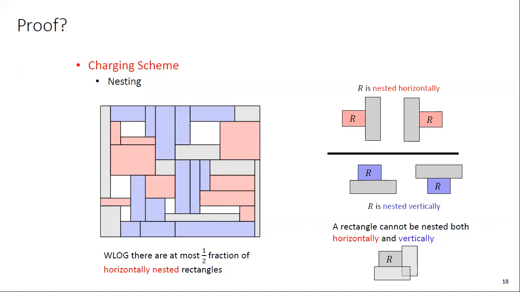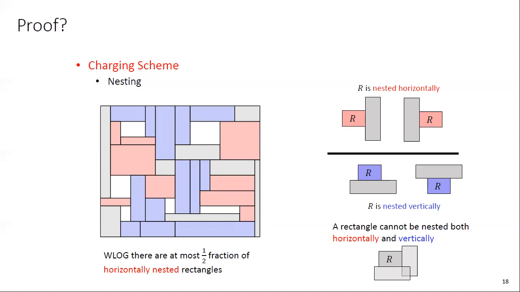So I define the ones that are nested horizontally. Nested horizontally means that their right or left edge is contained in the right or left edge of another rectangle. Those are the ones that we don't want to pay for, because otherwise our charging scheme doesn't work. We can also define the ones that are nested vertically, meaning the bottom or top side is contained in the side of another rectangle.